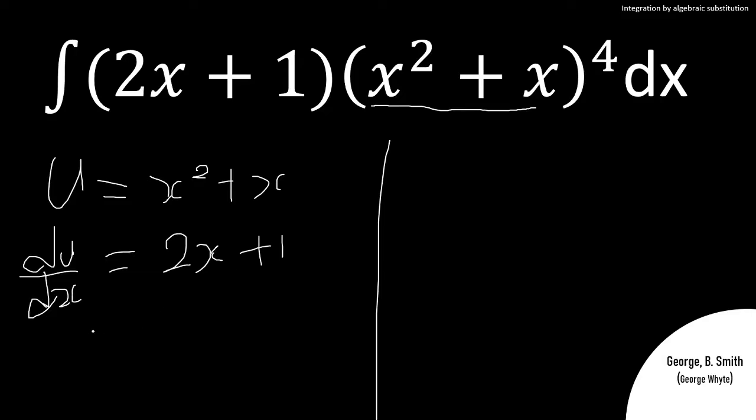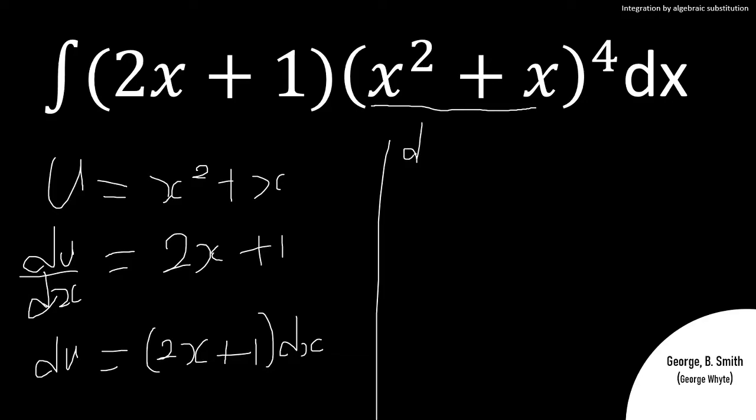So we have 2x plus 1. From this you can cross multiply. du is going to give us 2x plus 1 multiplied by dx. That's what du is.